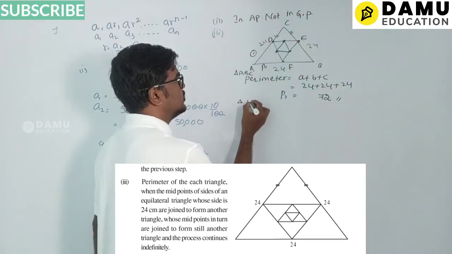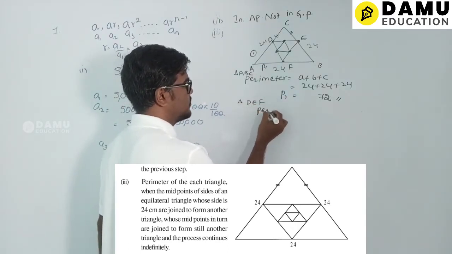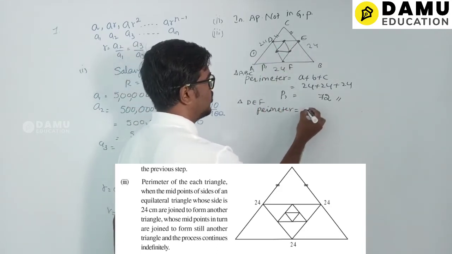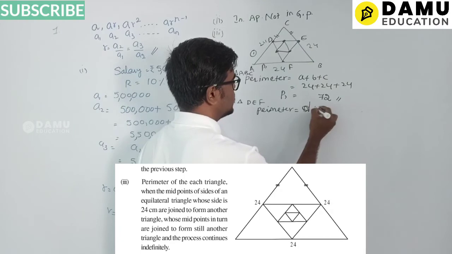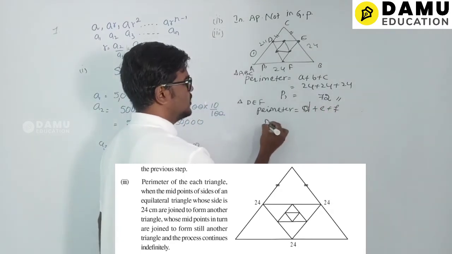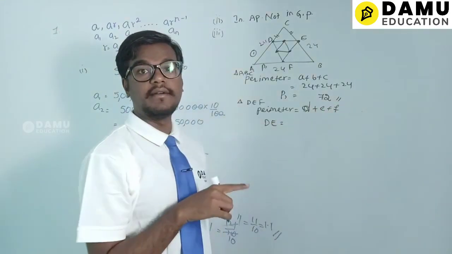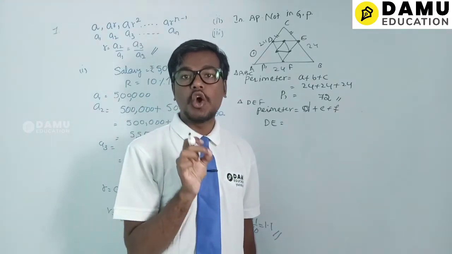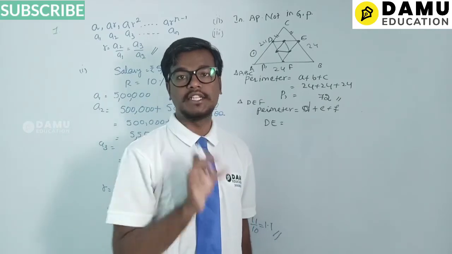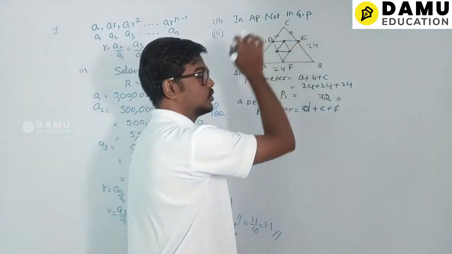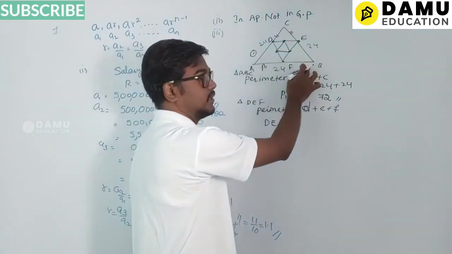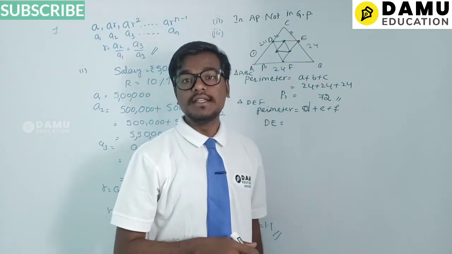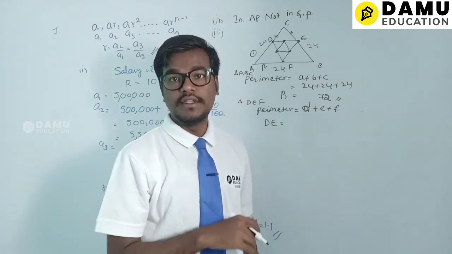Then triangle DEF. What is the perimeter? Let's take the side DE. From the midpoint theorem, if a line joins the midpoints of any two sides of a triangle, that line will be parallel to the third side, and its length will be half the length of the third side.